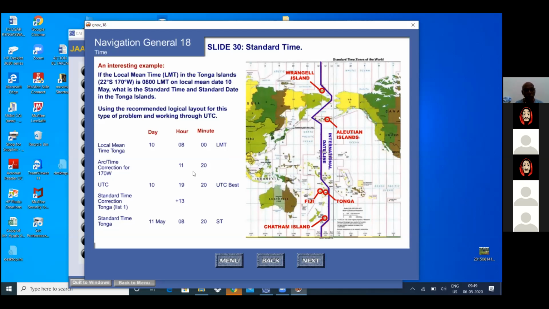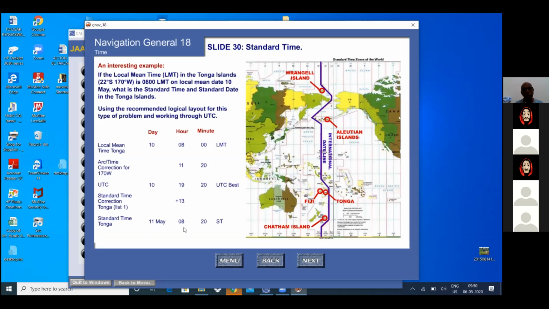So when you add 13 hours, you get 0820 standard time on the next day. Local time 10th of May 8 o'clock. Standard time 11th of May 8:20.